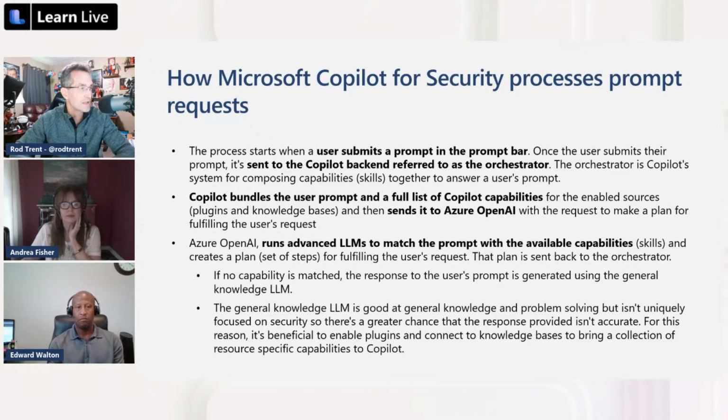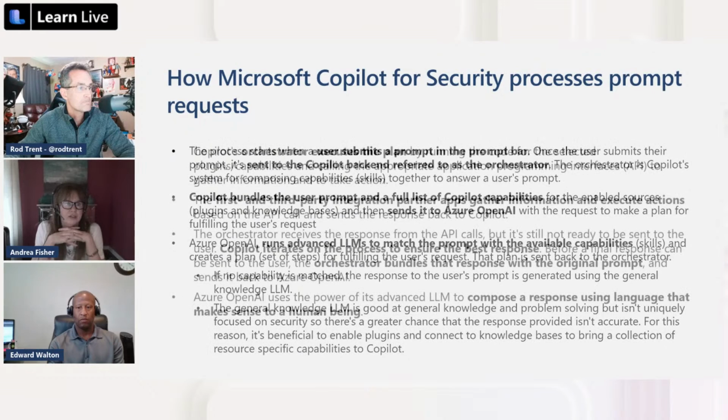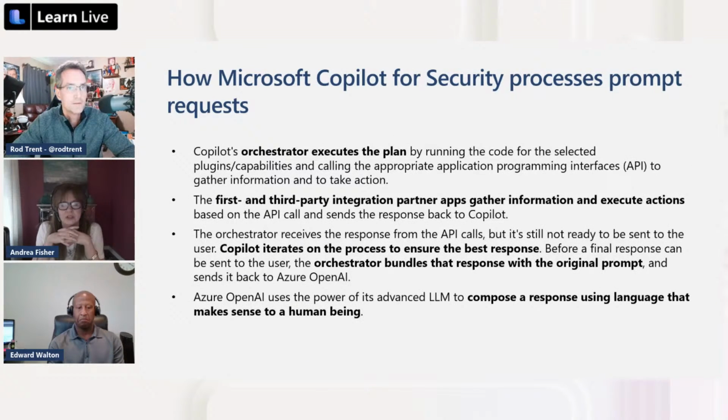So Copilot for Security, even though it may get knowledge from other places, is protected by the Azure security. Yeah, and your data never leaves your tenant at all, right? There were some questions about that in the comments as well, right? So that data gets handed off to that orchestrator middleman. That orchestrator is who talks back to Azure OpenAI, and then it comes back, right? It's just like somebody standing in the middle handing off to make sure your data doesn't go to the wrong place.